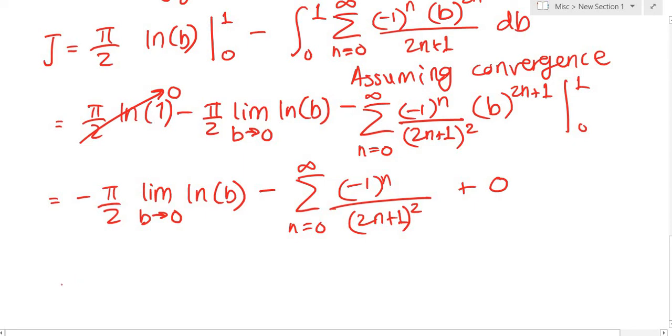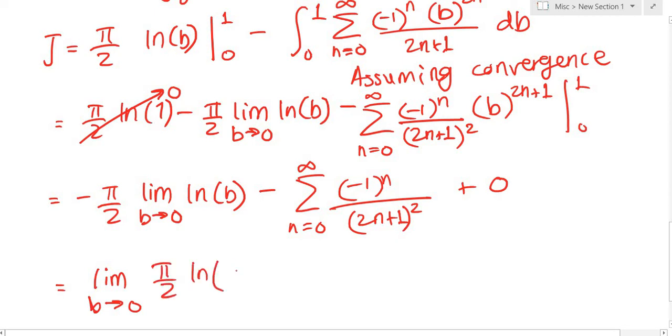Well, great. Now say we use some log properties, not limit properties, my bad. So we have the limit as b approaches 0. If you suck this negative inside the log, you can essentially flip its argument.